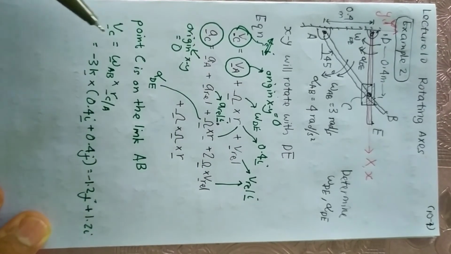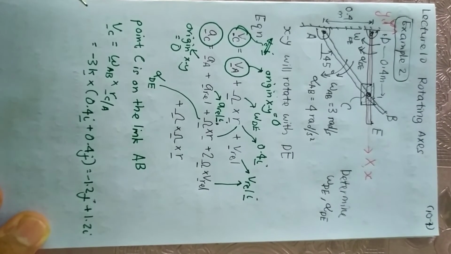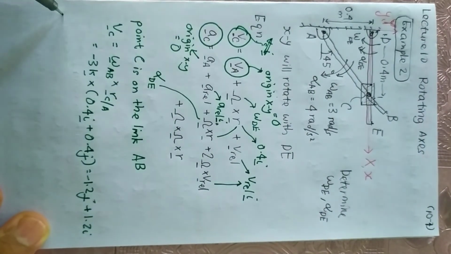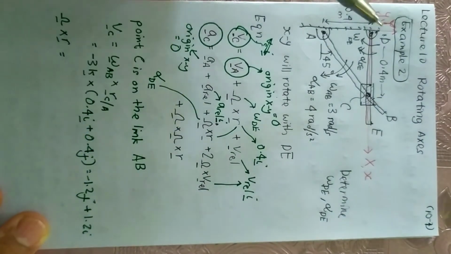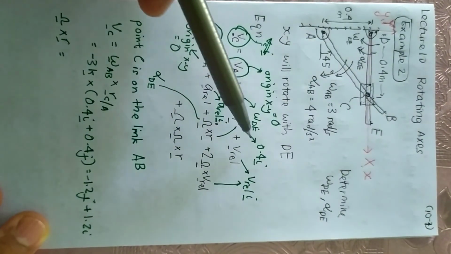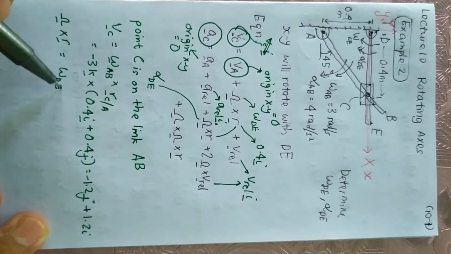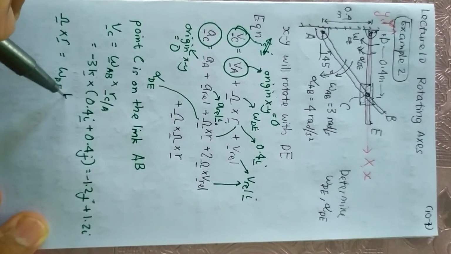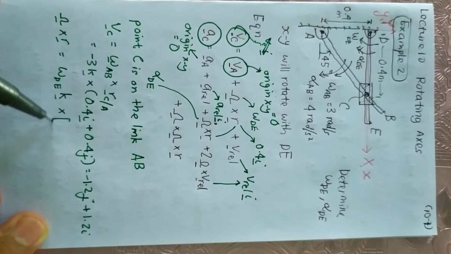So omega cross R: omega is equivalent to omega DE, and we can immediately replace that with omega DE k, cross R. What is R?